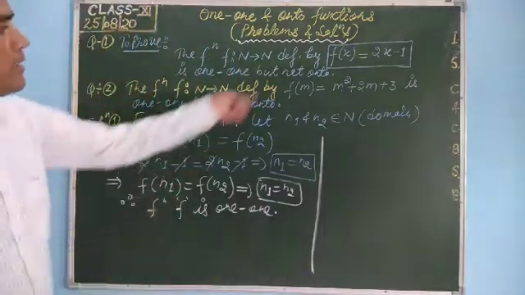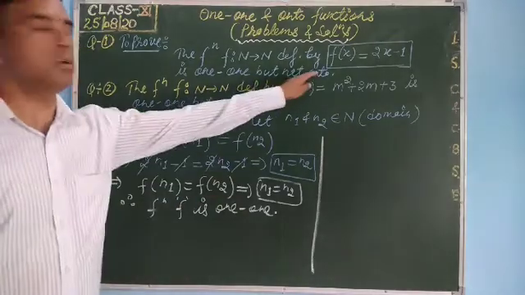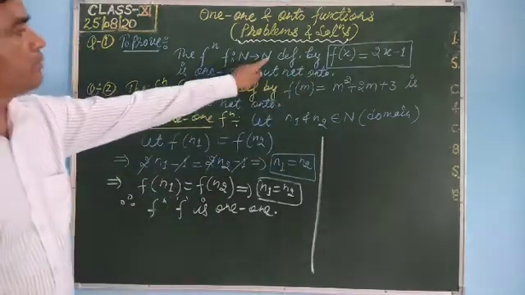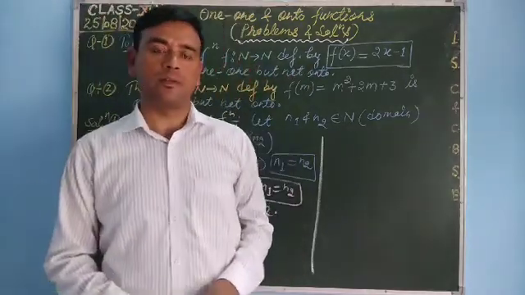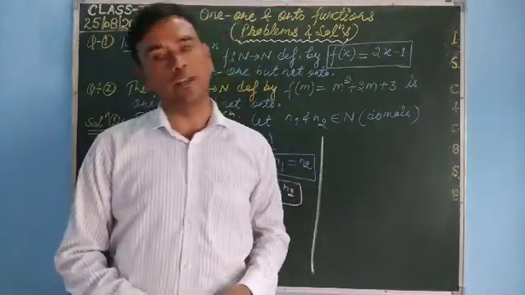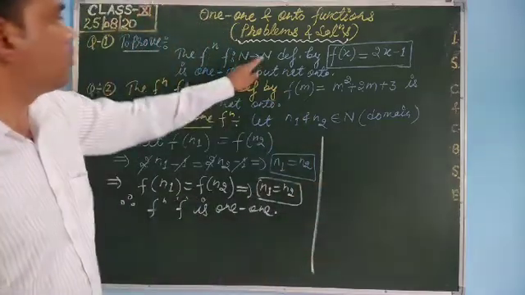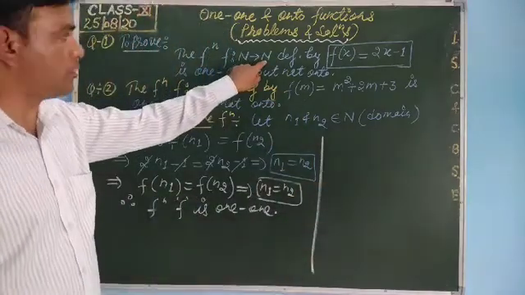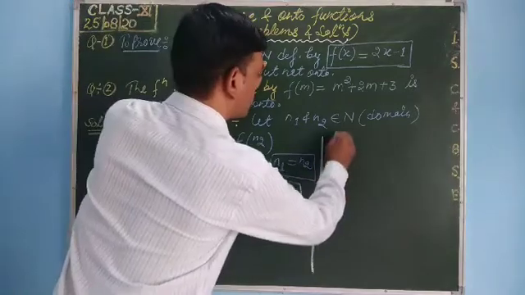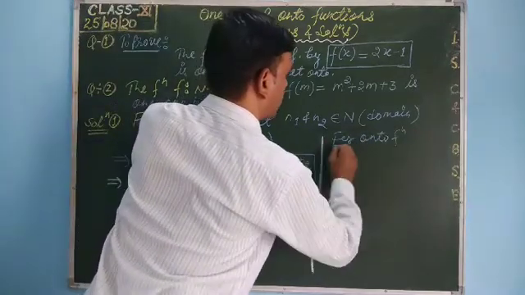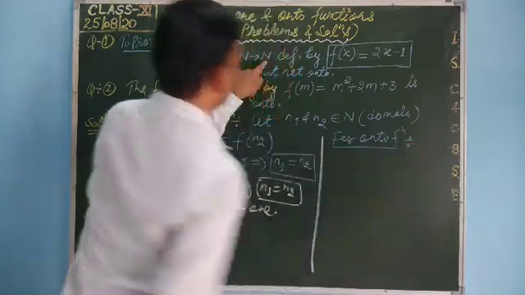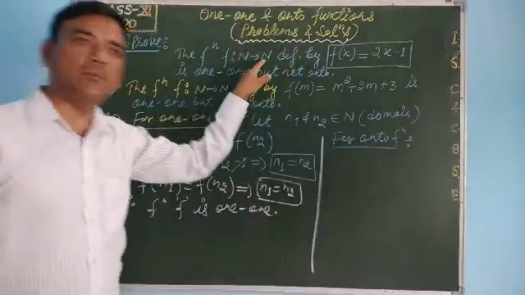We have to prove that the given function is not onto. See students, according to the definition of onto, codomain of the function must be equal to range of the function. So what is codomain here? Codomain is set of natural numbers. So for onto function, we take any element of codomain.